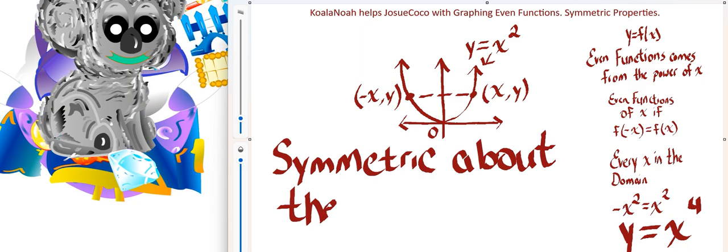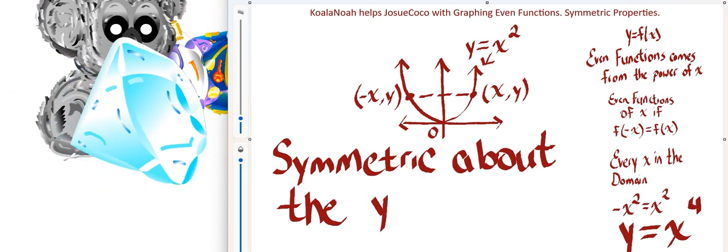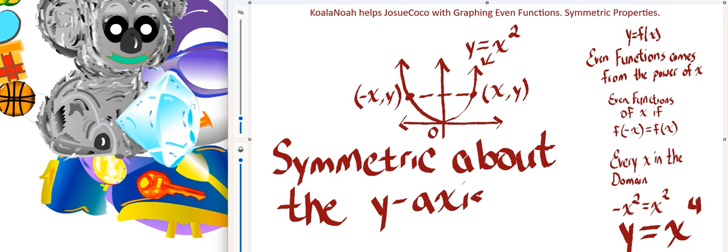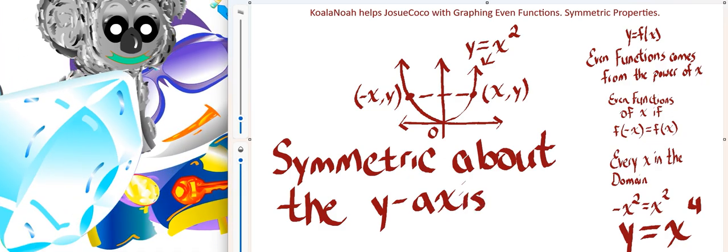We'll conclude with y equals x squared, and it is symmetric about the y-axis.